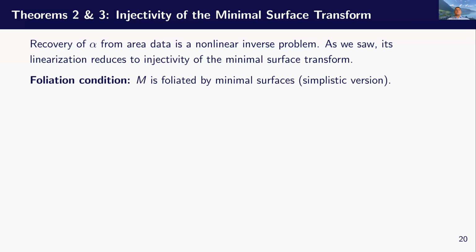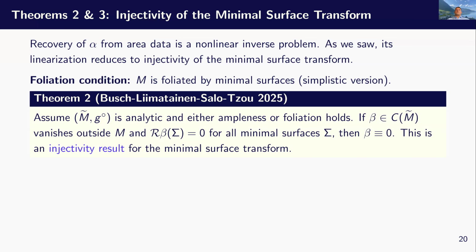For the next results, I will assume a foliation condition, which says that M is foliated by minimal surfaces. This is a slightly simplistic version; in the paper there is a more general foliation condition. But let's think about this foliation condition for now.